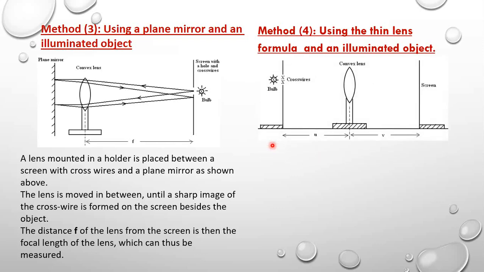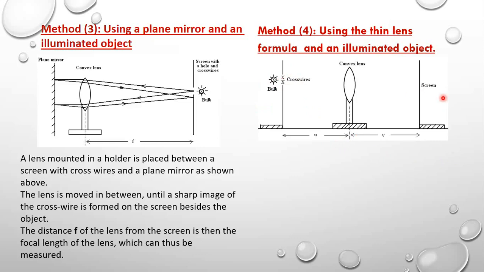So just for illustration purposes, we shall have our convex lens placed at a distance u from the illuminated object, where the illuminated object here is the cross wires, and the bulb illuminating the cross wires.